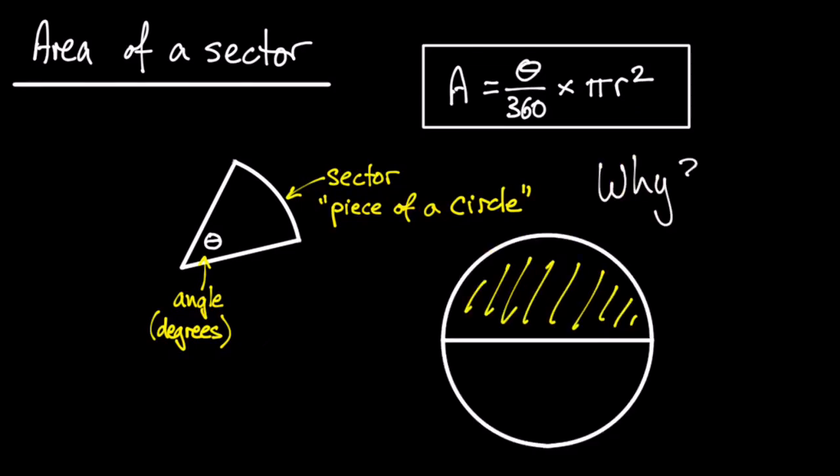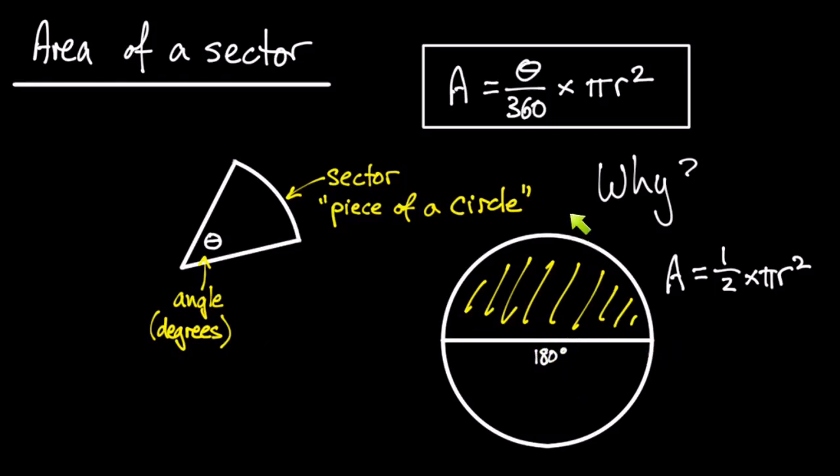If I've got a full circle here and I only want the area of half of it, we looked in a previous lesson at saying, well, I could work out the area of the full circle and then just halve that. So that would be something like this. Area equals half times pi r squared. Now, this angle in here is 180 degrees.